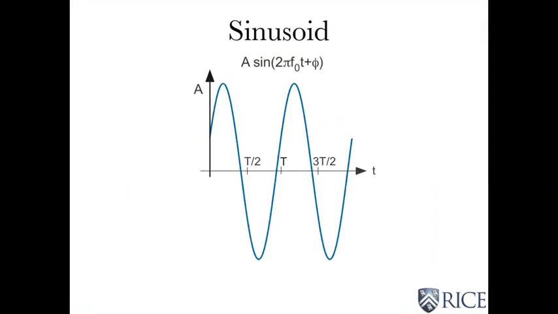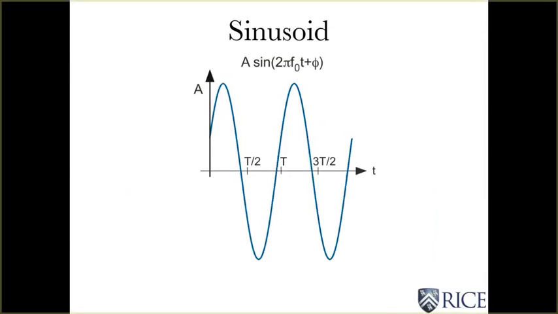So, here's our sinusoid, and we've seen it before. As we've said, it has an amplitude A, which determines how big it is. So this negative part down here goes down to minus A. The frequency determines how often this reappears.